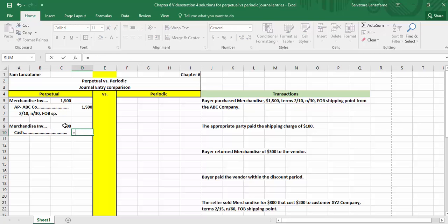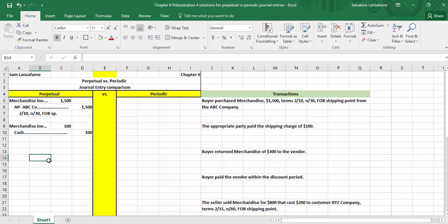Notice again, merchandise inventory involved. So merchandise inventory is like Mr. Popular in the perpetual system. So you're constantly updating that account. If you're confused by this, remember that we're saying that this stuff cost us $1,500, but it cost us $100 to ship it. So how much is this stuff really costing us? $1,600.